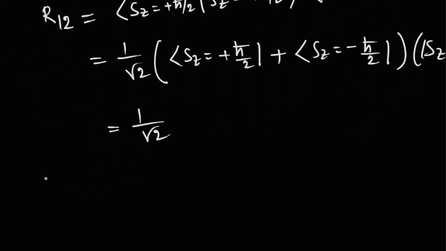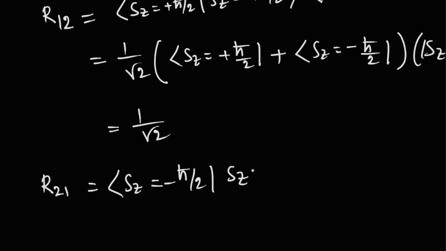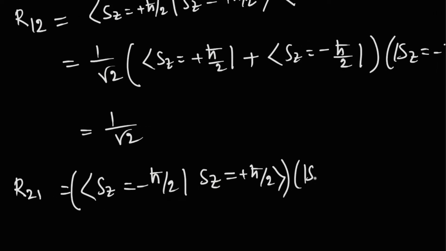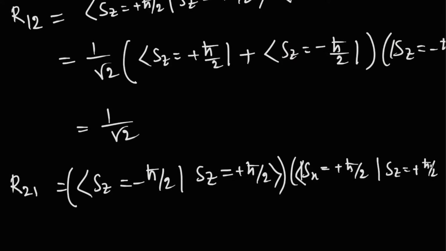Let us calculate R21, which is equal to Sz equal to minus h cut by 2 with Sz equal to plus h cut by 2, and Sx equal to plus h cut by 2 with Sz equal to plus h cut by 2.